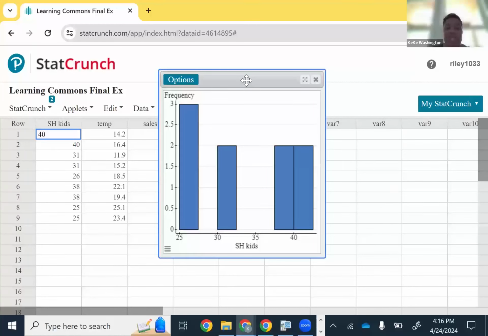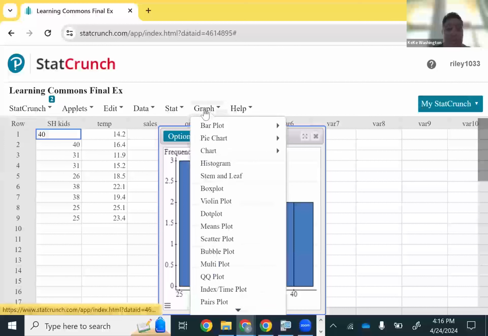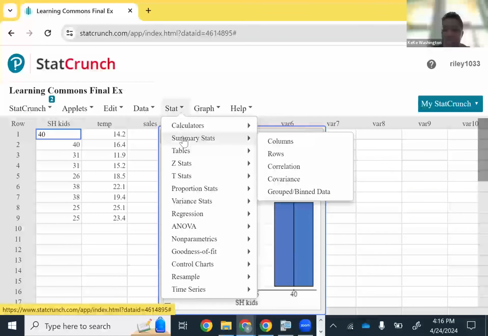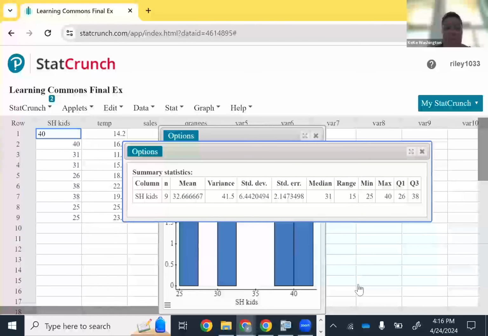All right, so based on what we can see here, again, you can change your bin width. You can also take a look at the mean and median if you're unsure whether this is right skewed, left skewed, or symmetric, and we can determine the best shape of our data.